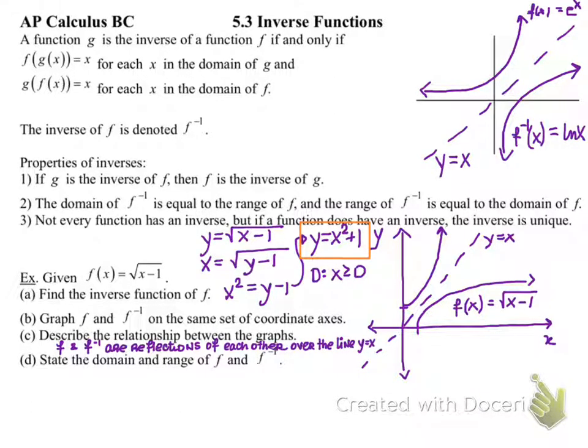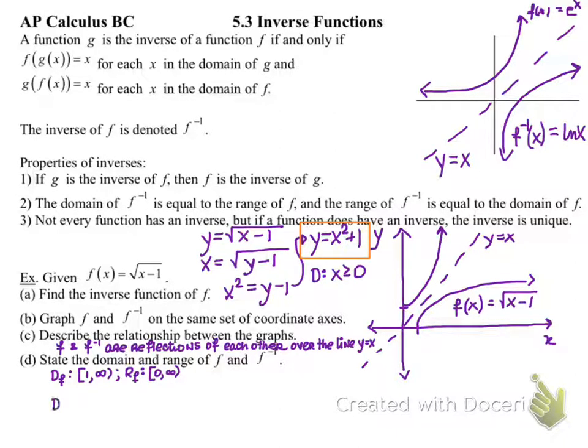The last thing we need to do is specify the domain and the range of each. The domain of f extends from 1 to positive infinity, and the range of f starts at 0 and goes to positive infinity.